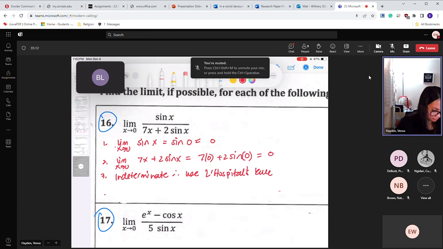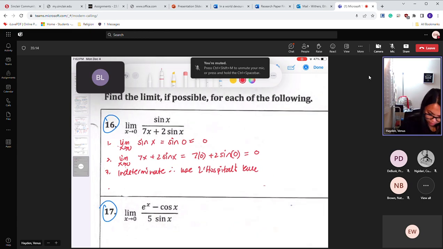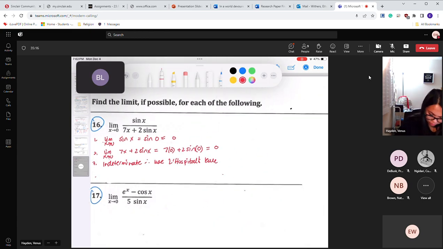So let's apply it. Step number 4, let's use L'Hopital's rule. So let's find a derivative. The limit as x approaches 0. The derivative of sine of x happens to just be cosine of x, all over the derivative of the denominator, which is just 7 plus 2 times the derivative of sine, which is cosine of x.